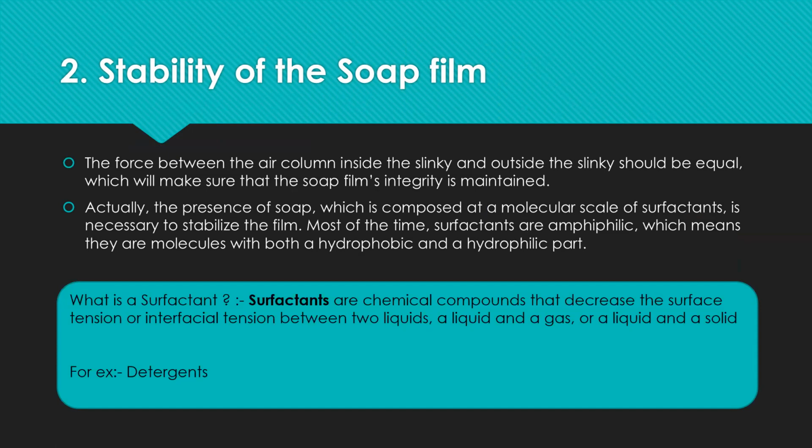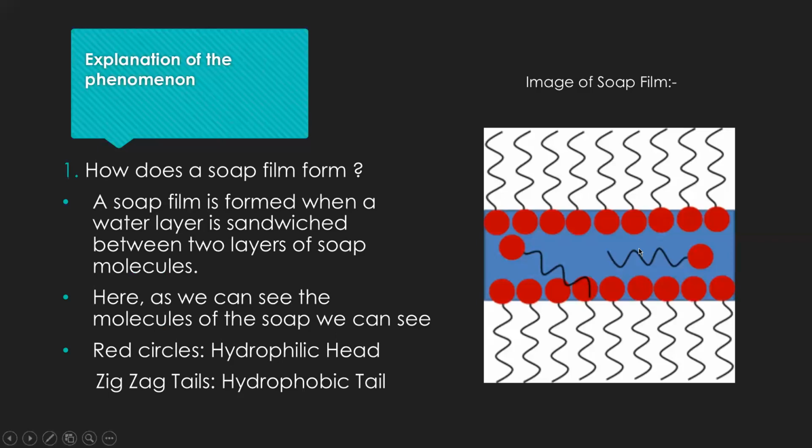Let's get back to the image. Imagine this is the water layer formed around the soap film. This is medium 1 and this is medium 2. Medium 2 exerts a surface tension in the bottom direction, and the surface tension exerted by the upper region is in the upward direction.